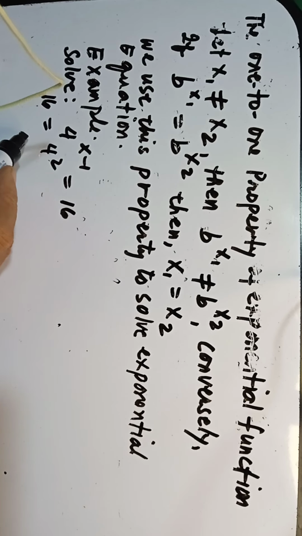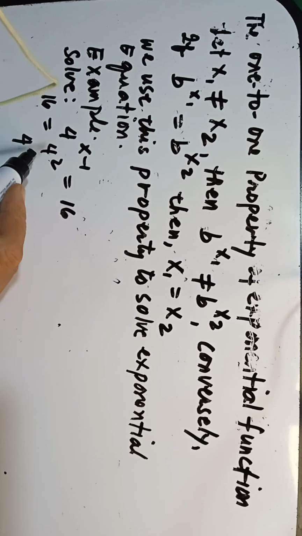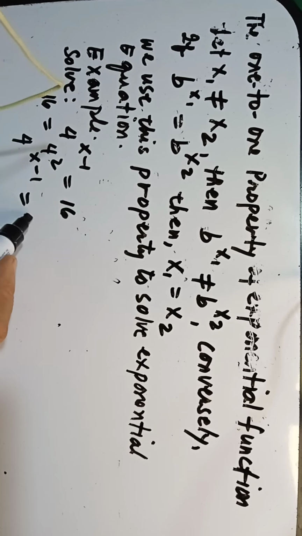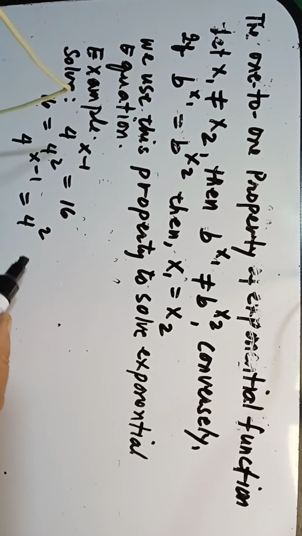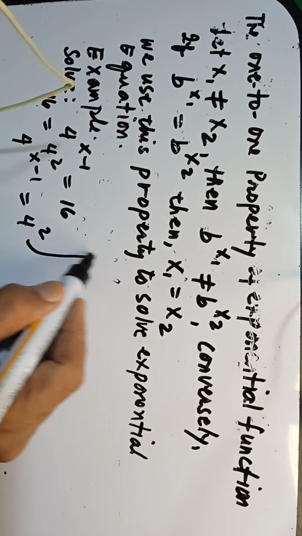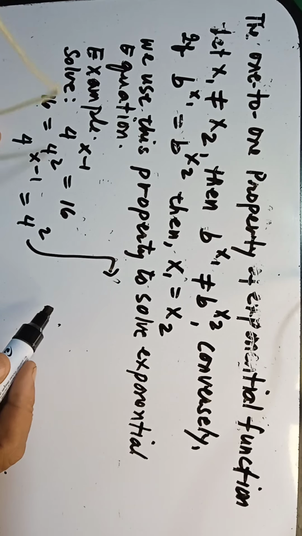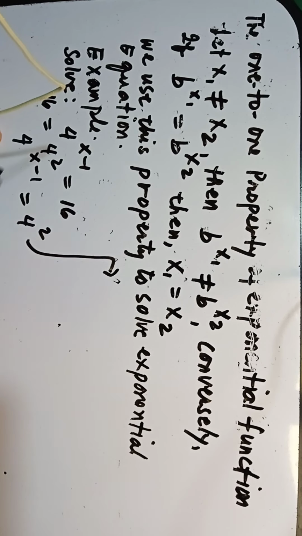So we'll have 4 raised to x minus 1 equals 4 squared. After that, we can disregard the bases because when the bases are equal, the exponents are equal.